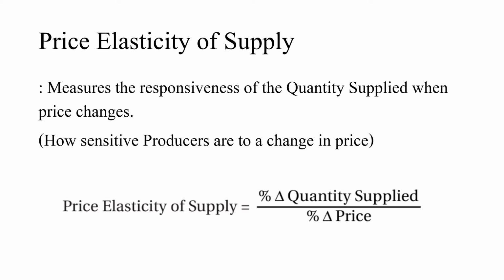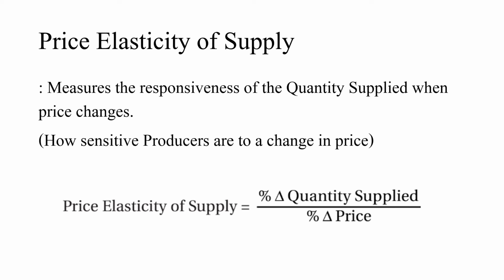And last, we have price elasticity of supply. This measures the responsiveness of the quantity supplied when price changes. In other words, it measures how sensitive producers are to a change in price.